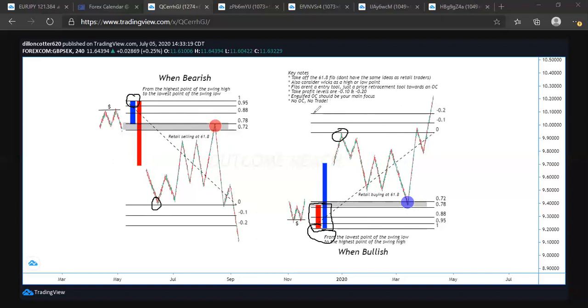It doesn't work like that. If there's no outcome candle, there is no trade, right? If you don't have a solid point of interest for why you're putting a Fibonacci at a swing high to a swing low, or at a swing low to a swing high, then there is no trade. There is no trade, okay?